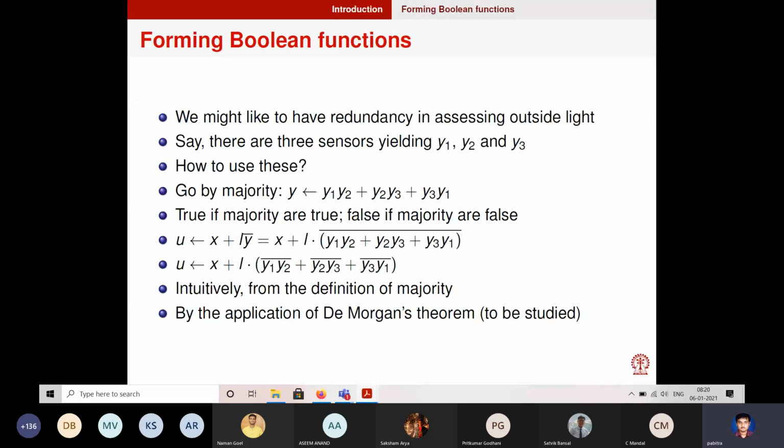And we'll see that this is equivalent: the bar on the entire OR expression is equivalent to bar on the individual terms in the OR expression with a plus in between. Okay, with a plus in between.